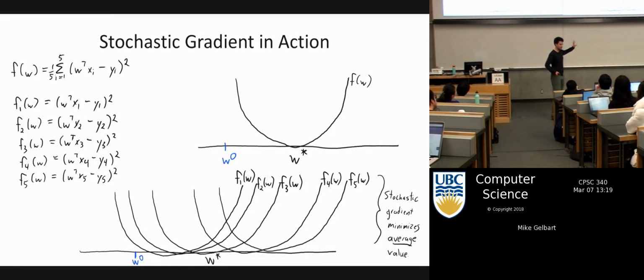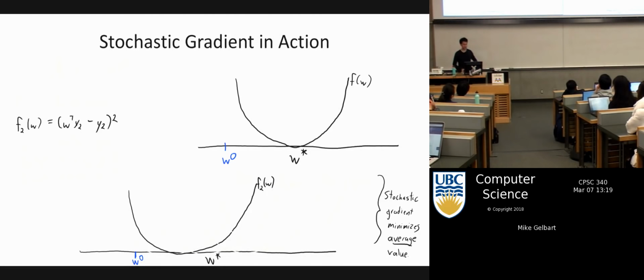So this illustration is the picking a random loss illustration. So at my first iteration, I'm going to randomly pick point number 2. And so I'm only seeing this loss, this parabola here. And it tells me, well, I'm way over there at W0. It tells me to go right. So that's good.